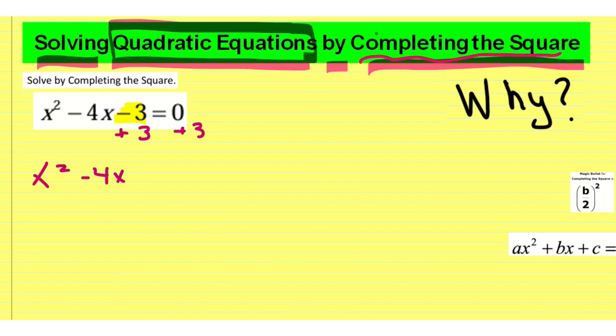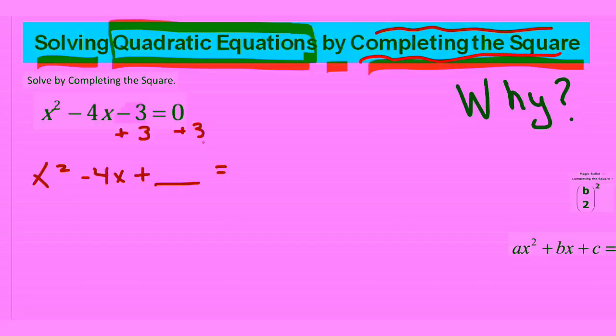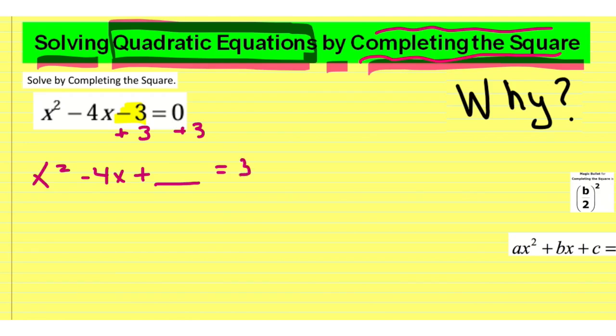But since I'm completing the square, I'm going to do something a little extra. I'm going to leave a blank where that 3 used to be. But I still have equals 3 on the other side because I moved it by adding it to both sides. And if I add a plus blank to this side, I have to do the same thing to the other side, so I'm going to add a plus blank there too.